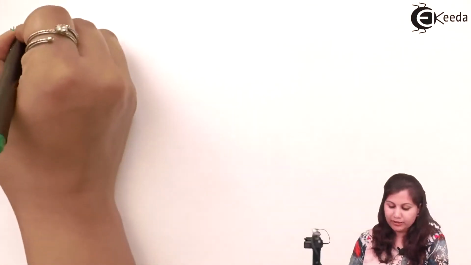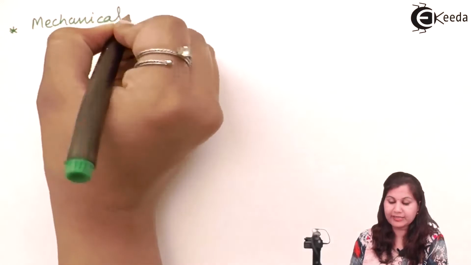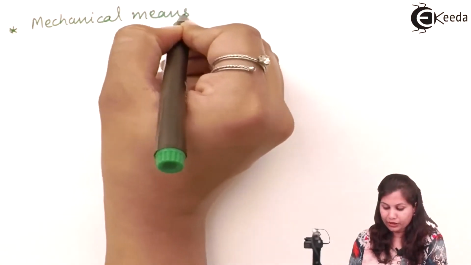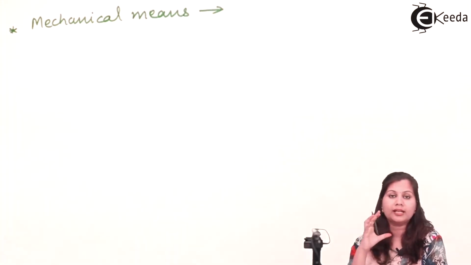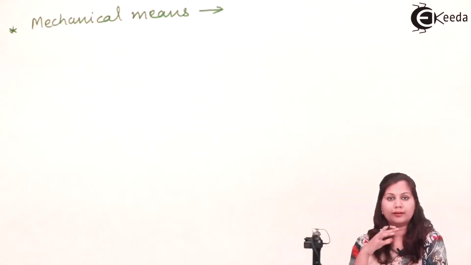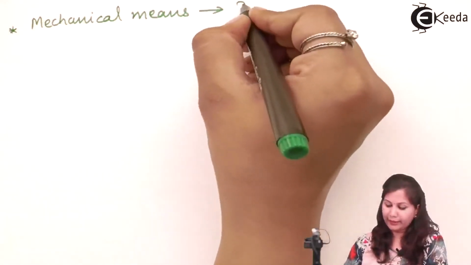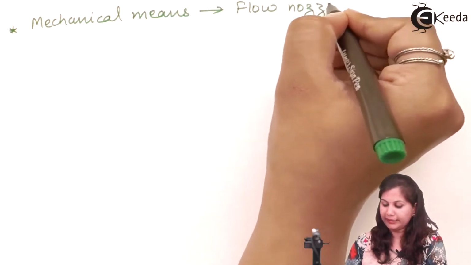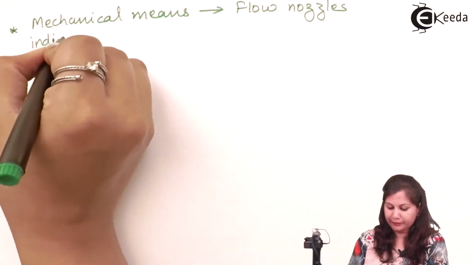Mechanical means because only the construction of the flow nozzle is such that it creates the pressure difference. No electrical method is used, only the mechanical parts or the construction of the flow nozzle is used to measure the flow rate. So flow nozzles are a type of mechanical means for flow rate measurement and an indirect method of flow rate measurement.